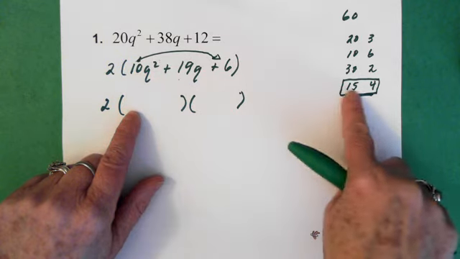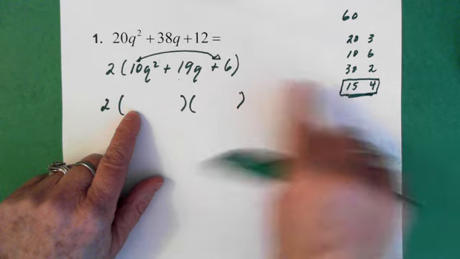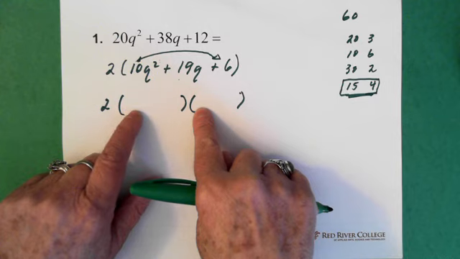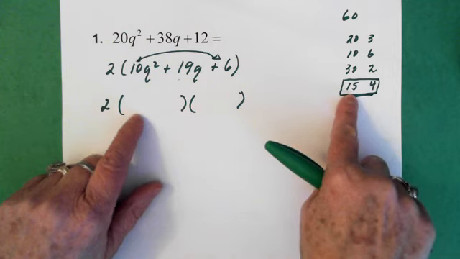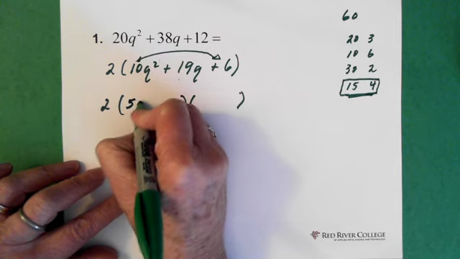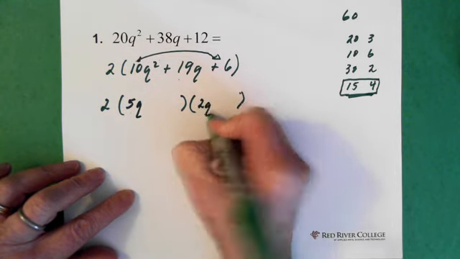But I'm looking at the numbers that I'm needing, and I'm seeing a 15 here. So that suggests to me that I'm not going to put a 10 in here. I should put in a 5, because with a 10, I'm not going to end up with a 15, right? So then I'll say, all right, I'm going to put a 5q here and a 2q here.